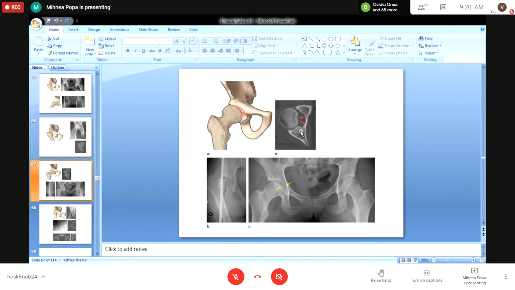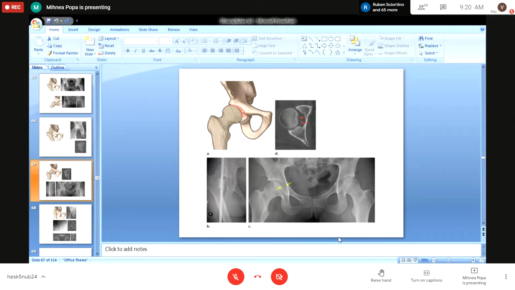This type of luxation is because of forces that are not only from anterior to posterior, so not just a force that hits the patient's knee and produces the luxation. We have also a force that compresses the head of the femur in the acetabulum, and we can have this type of comminuted fracture in the acetabulum.